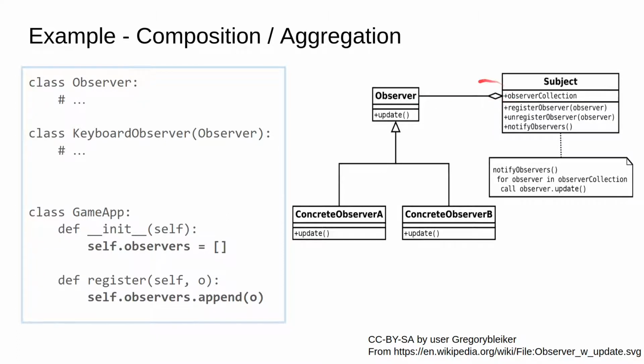This one has an observer, and then there are two concrete observers. So this is an abstract class. An observer has a method called update that the subject can notify, and this is the actual observer.